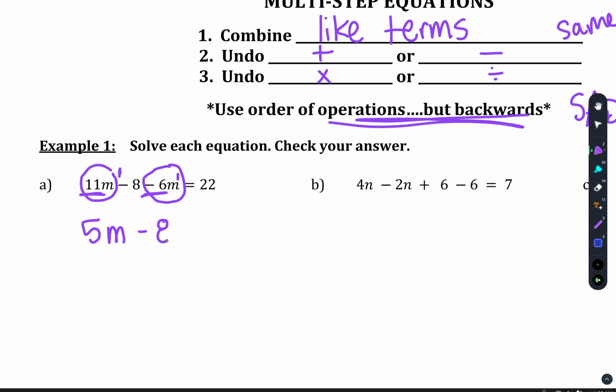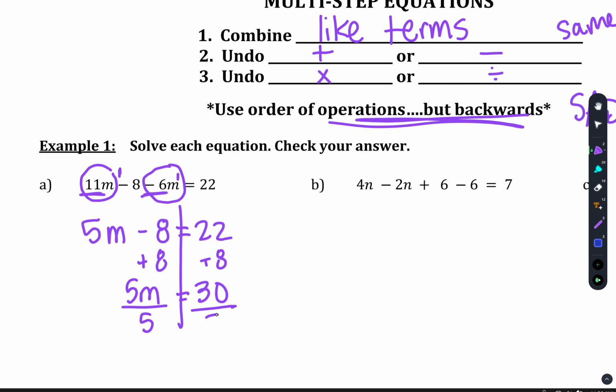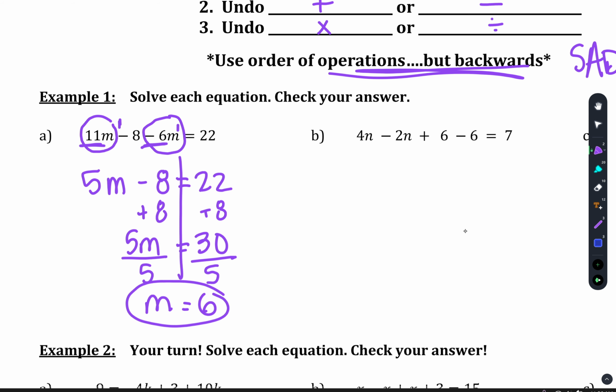I'm going to drop the minus 8 equals 22 down to the same line. And now it's just a real nice thing that we can solve, just like we were doing yesterday. I'm going to add 8 to both sides. And I'm going to divide both sides by 5 to get m equals 6. Any questions there?